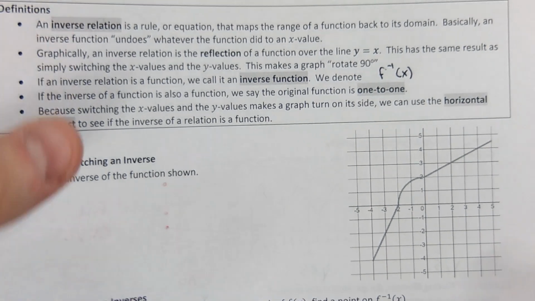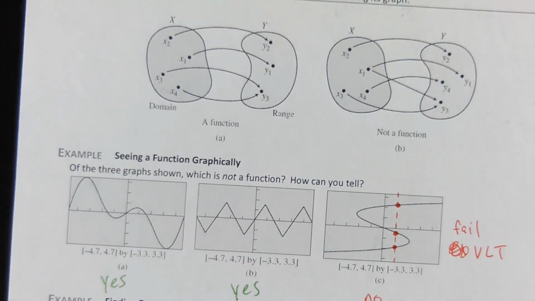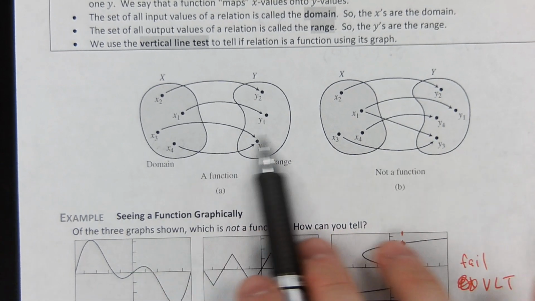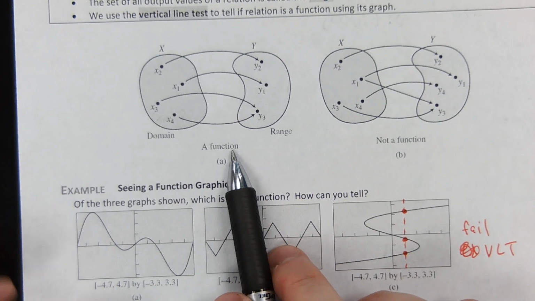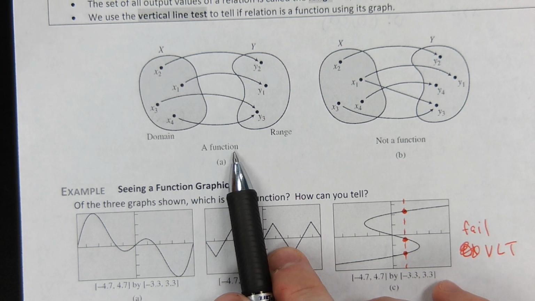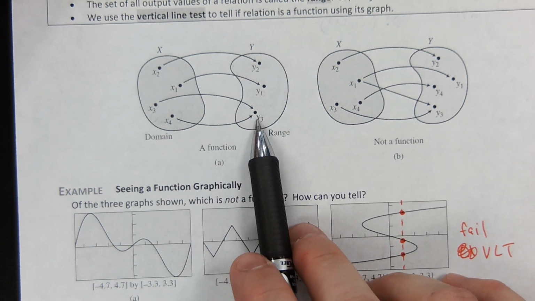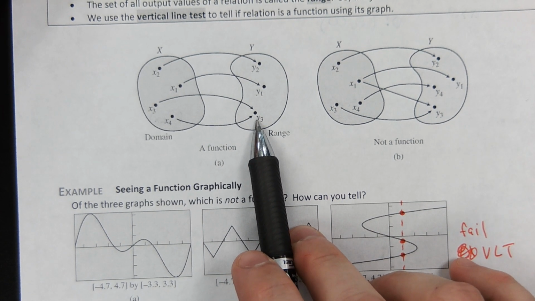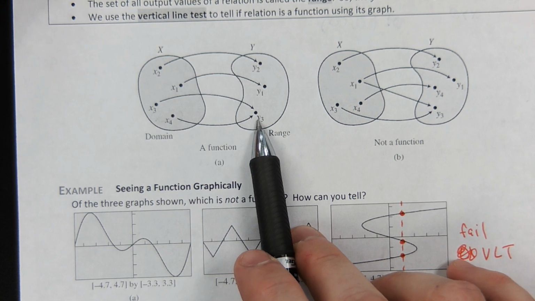So if we take you back to the abstract relations that we had here, this one was a function because for every x it has one y. But right there, for this y, there is not a single x. There are 2 x's.